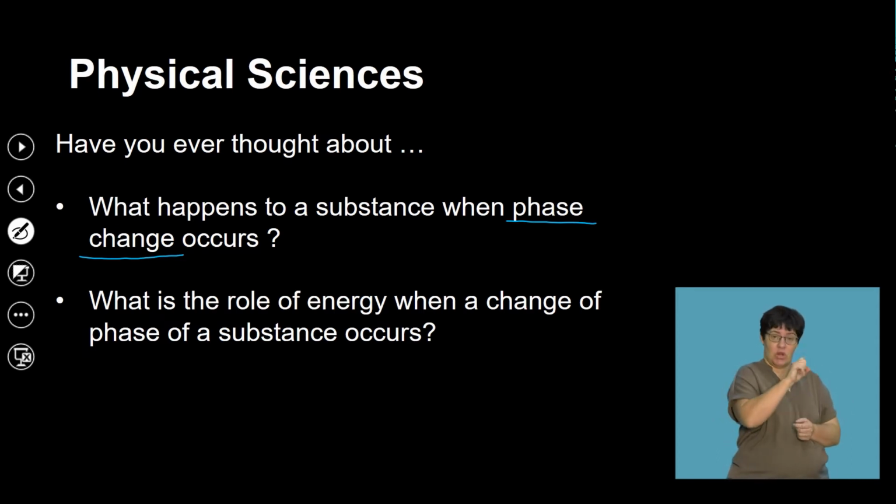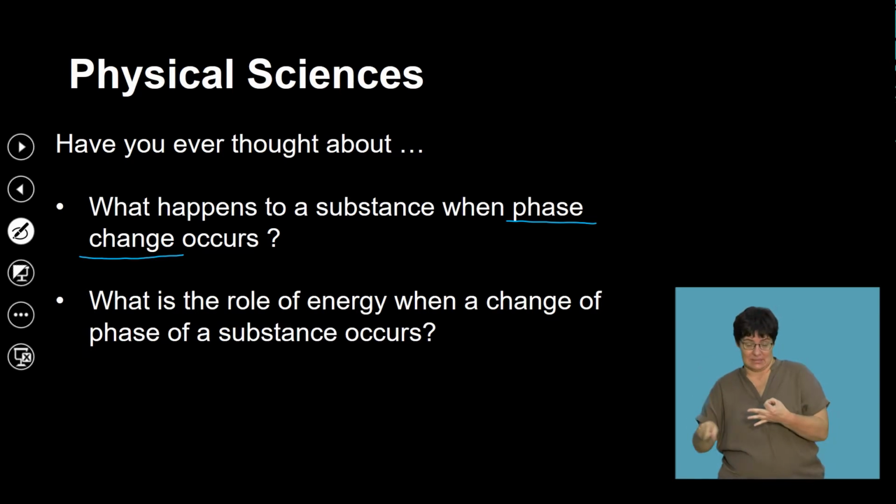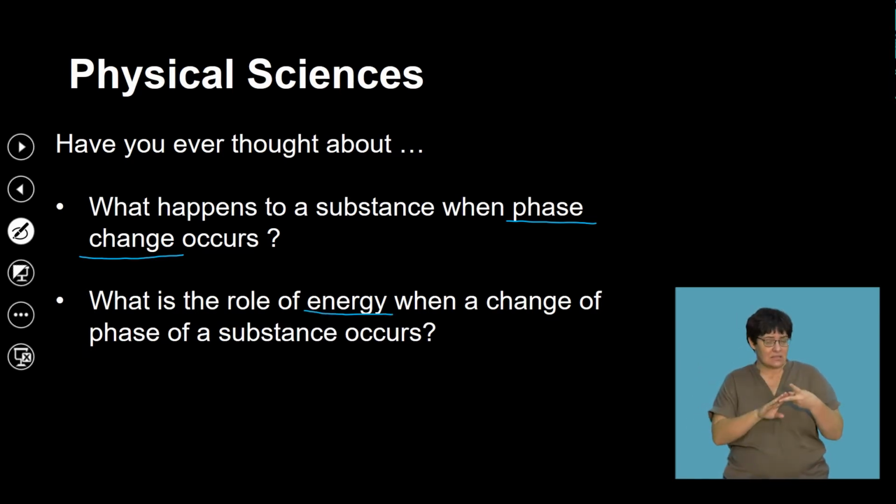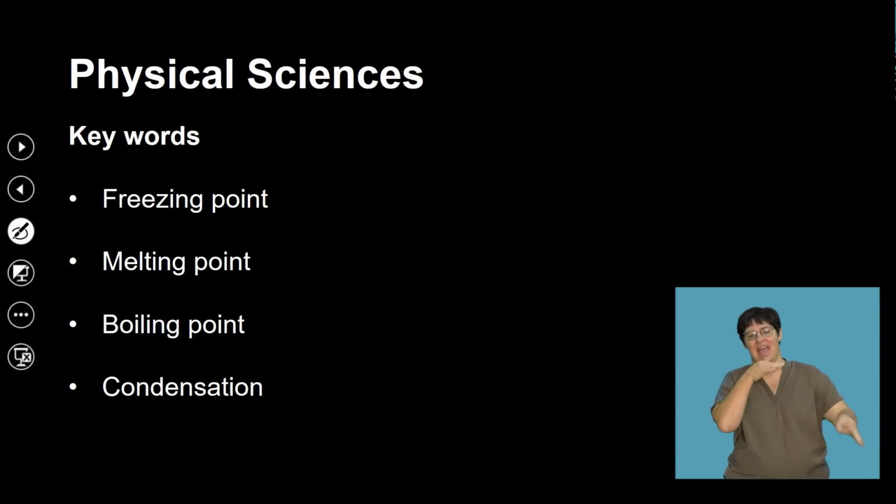And then the second thought that we want to entertain is, what is the role of energy when a change of phase of a substance occurs? So these are the two big ideas that we want to use to guide our exploration of exactly what happens when there's a change of phase of matter.